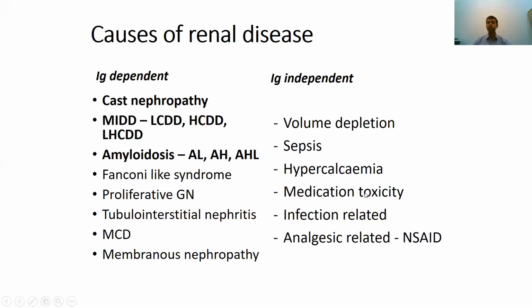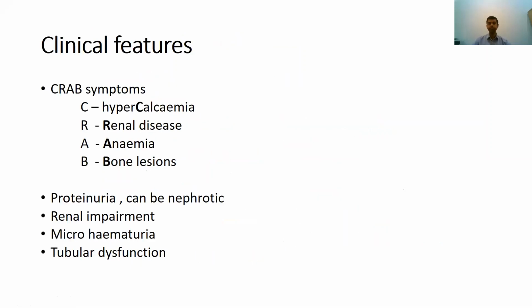Sometimes these patients will have back pain, joint pains, bone pains because of the lytic lesions, so they might be taking analgesics and can have what is called analgesic nephropathy. So there will be conditions unrelated to the myeloma directly, but because of the myeloma, the patients will have these complications which give rise to renal disease. So in myeloma, renal disease could be related or unrelated to the myeloma.